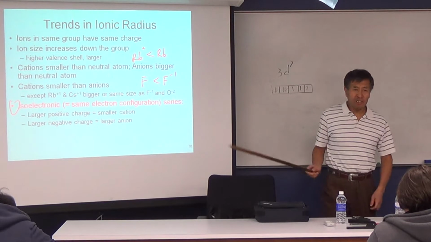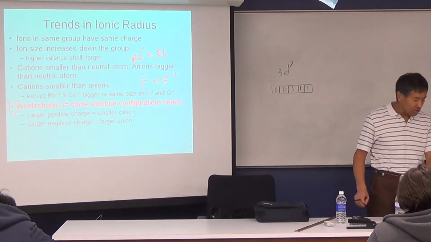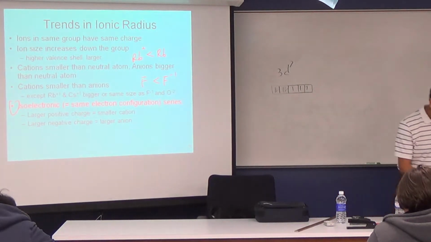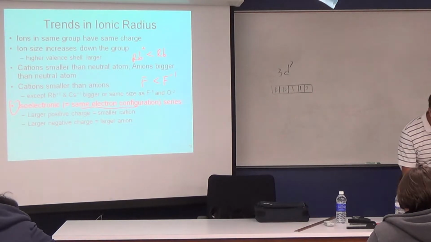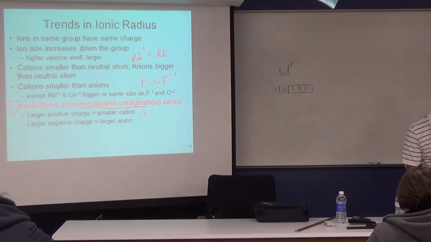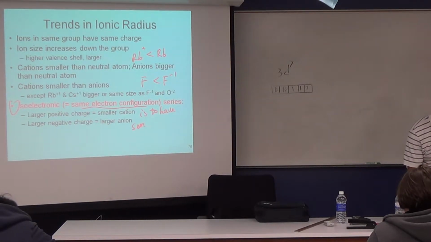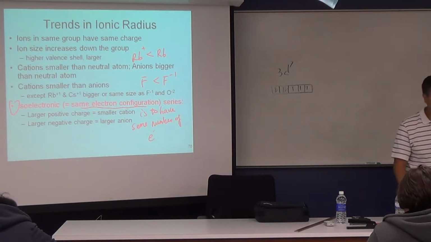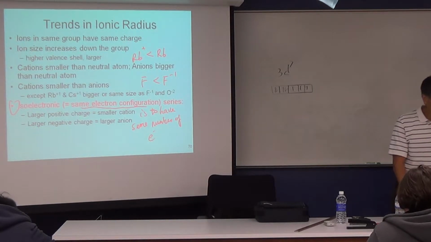Obviously, to have the same electron configuration, the minimum requirement is to have the same number of electrons.